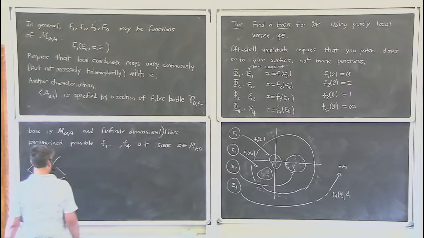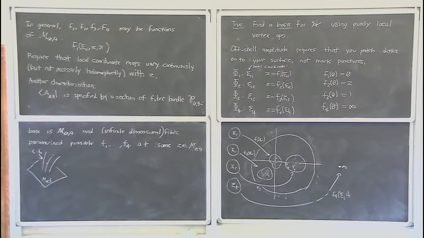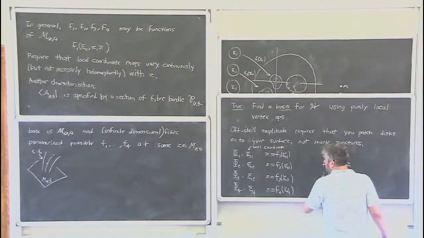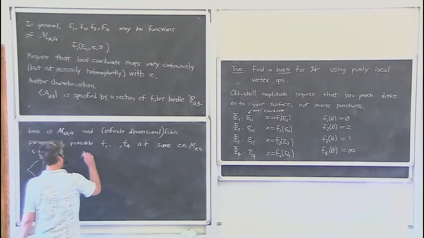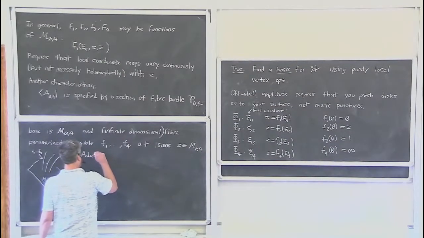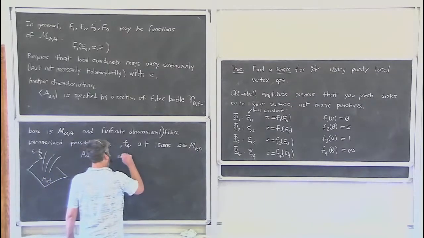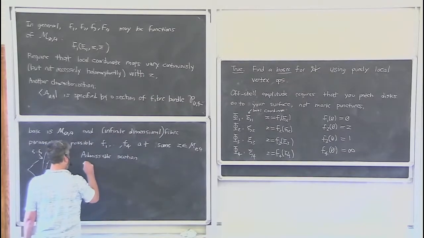So we're looking for a section of this fiber bundle, and an admissible section will satisfy two conditions.